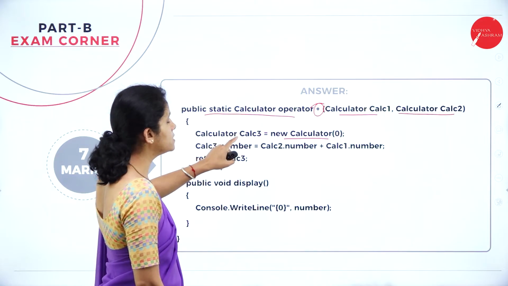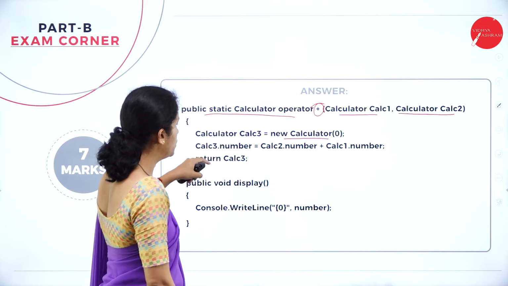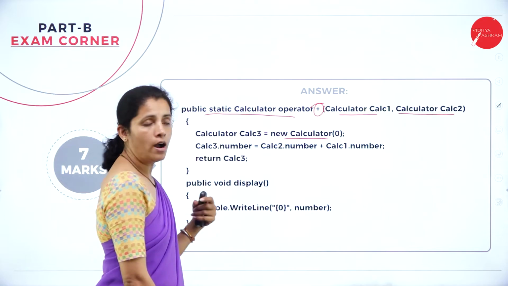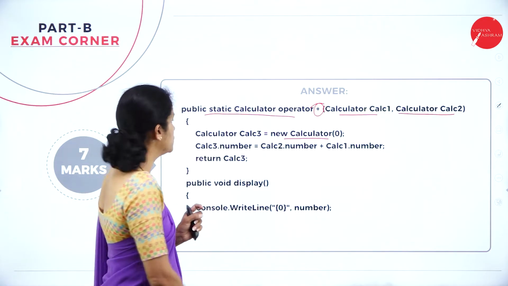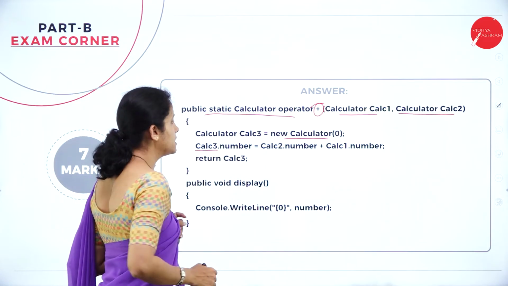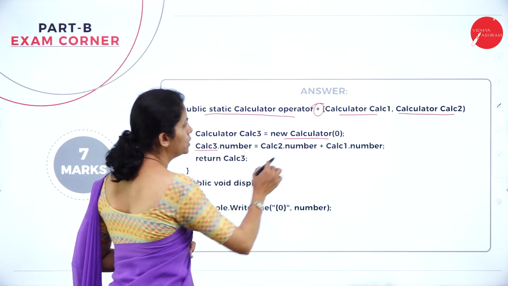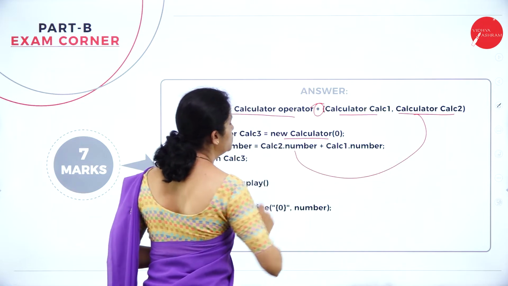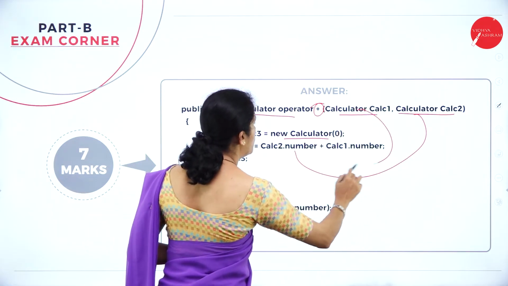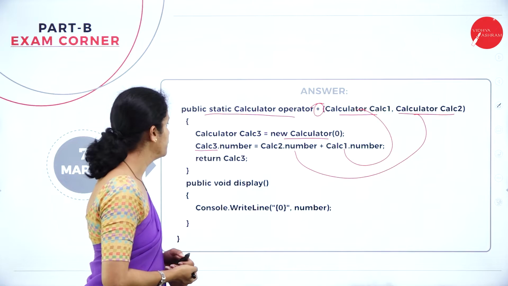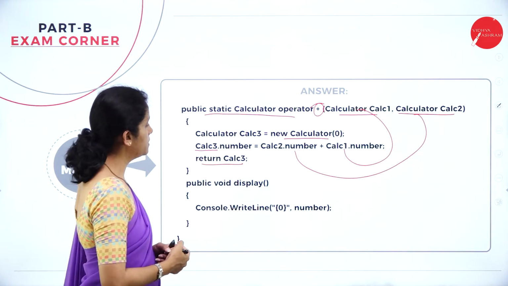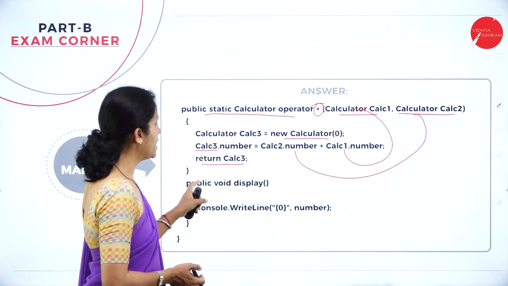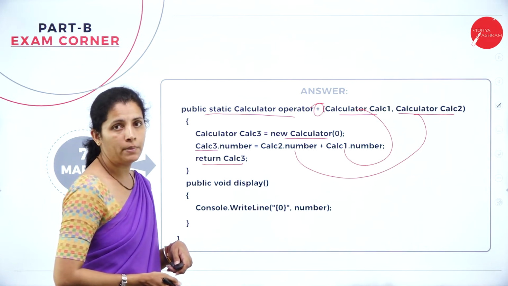By using this object I'm going to access number. So this is cal3.number equal to cal2.number plus cal1.number, and I'm going to return cal3. So it's nothing but the object, and I'm going to display the number.